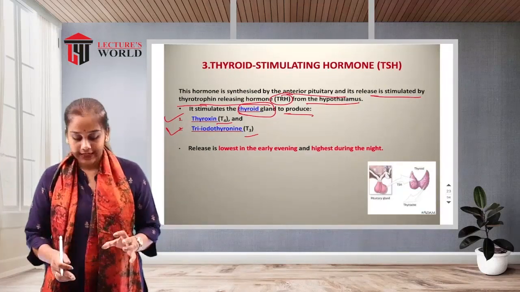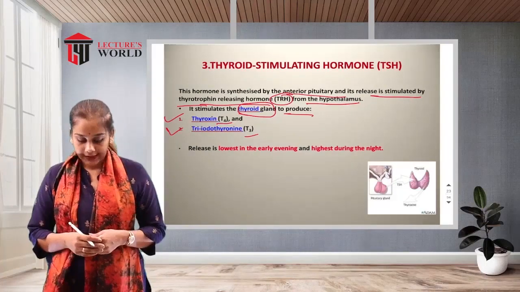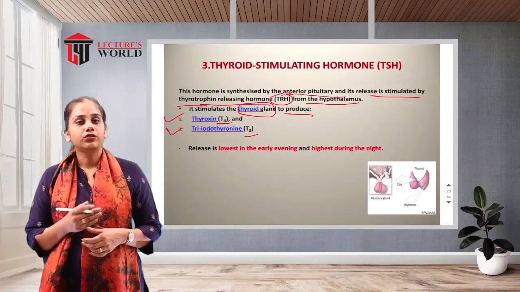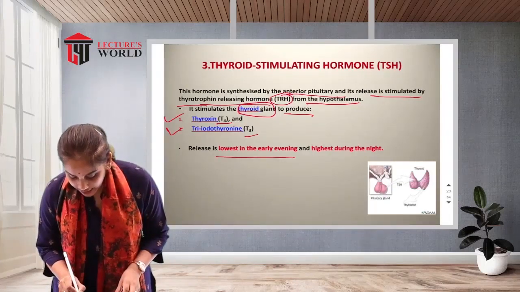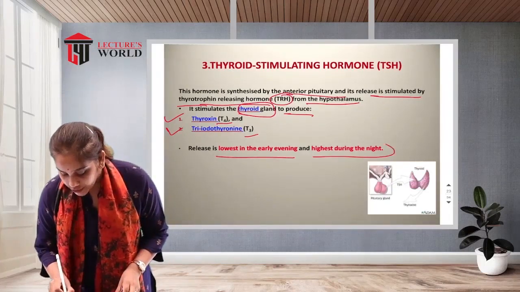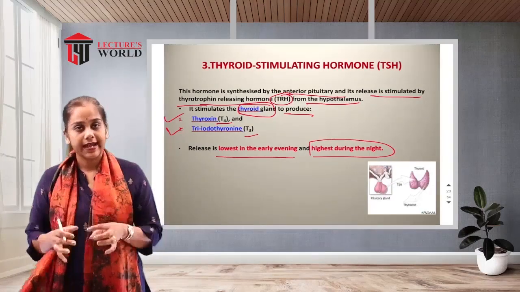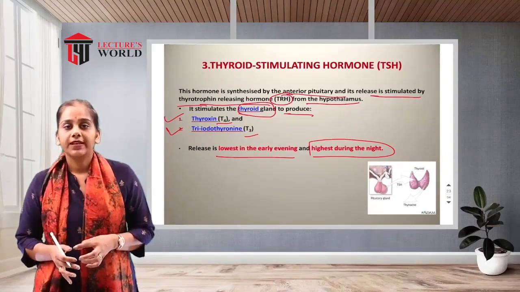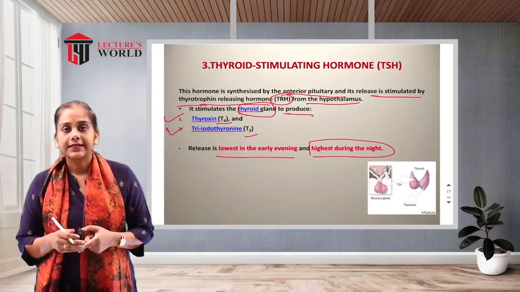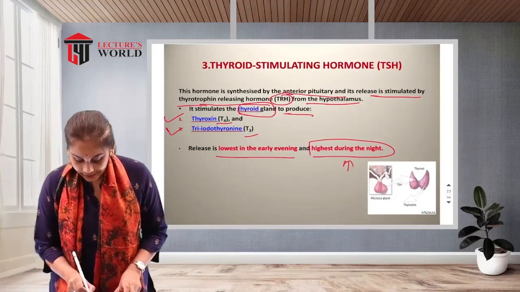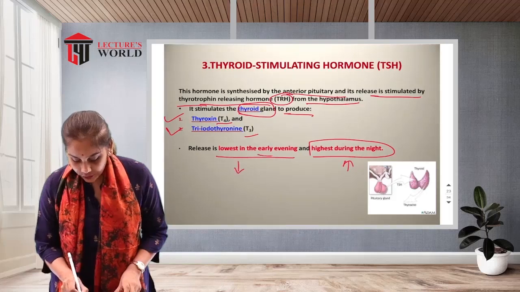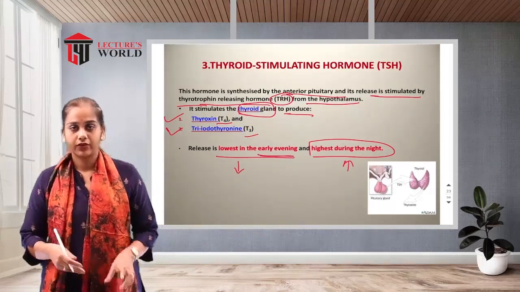T3 is triiodothyronine, and T4 is thyroxine. Release is lowest during the early evening and highest during the night.